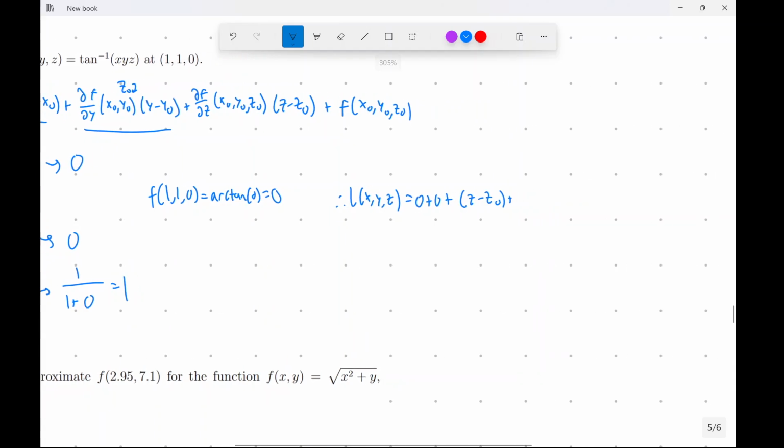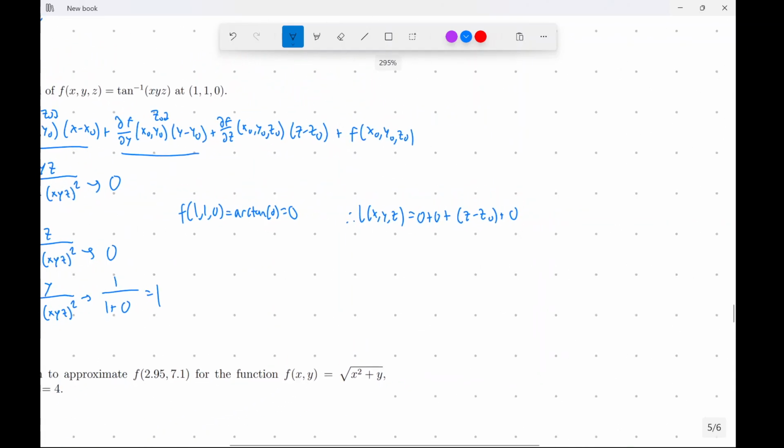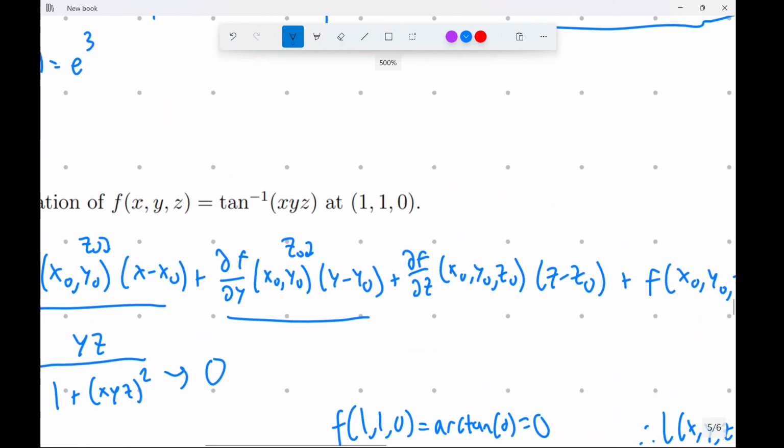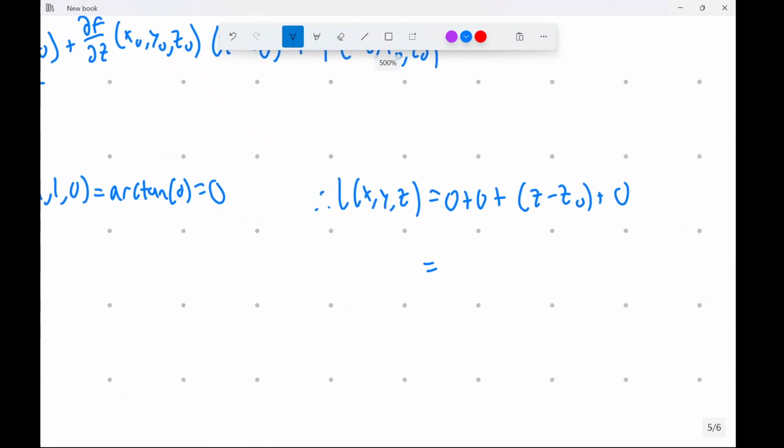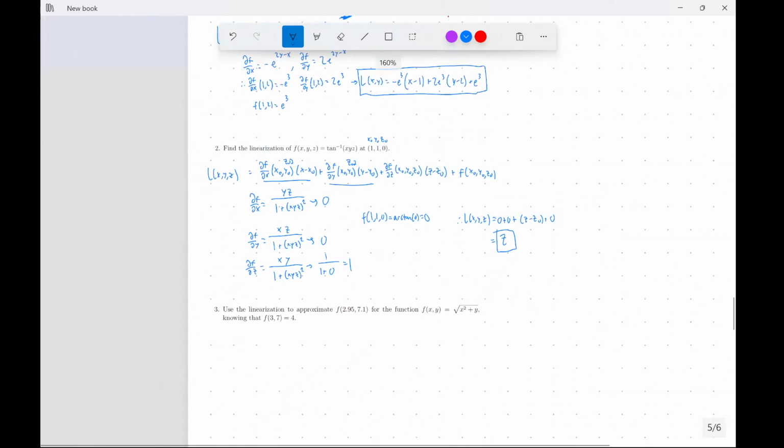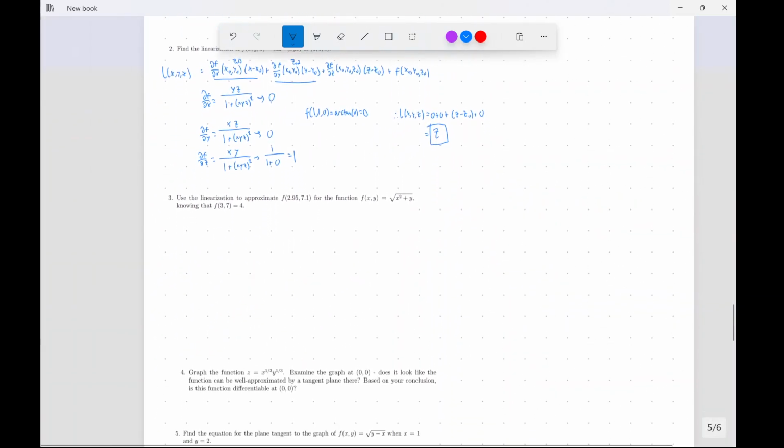But I found just now that that's equal to 0. And z0 is also 0. And so I plug in all of those zeros, I add them together, I just get z, which is a very nice linearization.